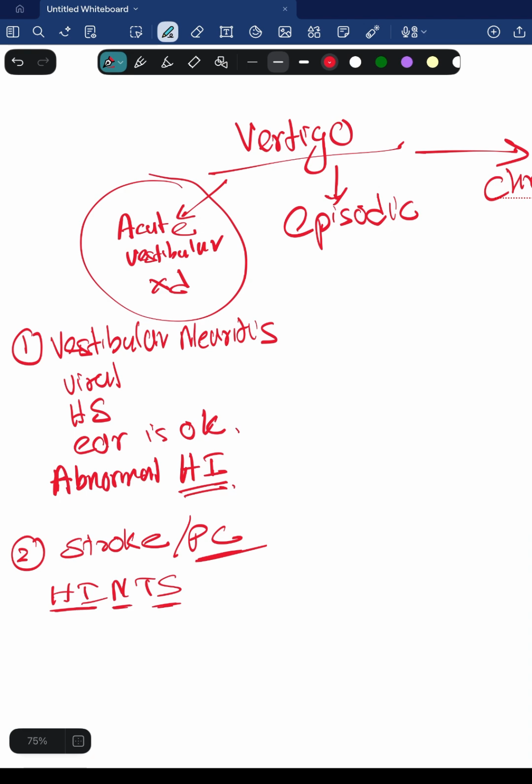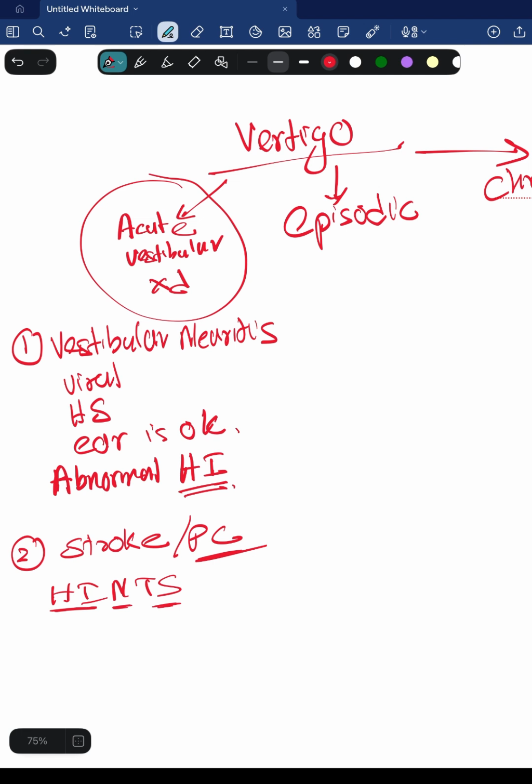So in the HINTS test, if one of these is abnormal, that is very concerning for stroke. It is said that this has higher sensitivity than an MRI with diffusion at the early stages. But that is if it is done by the right person on the right patient. So you should be an expert in how to do it.